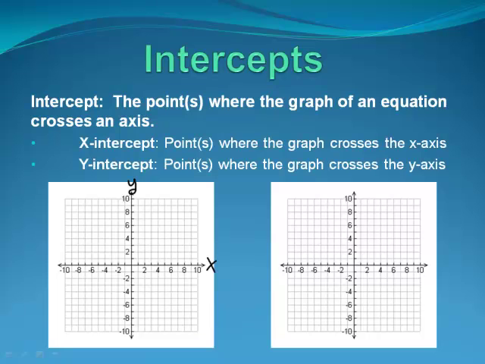Let's say that you had a curve on this particular graph that maybe looked something like this. All right, now by definition, we're interested in where that graph crosses the x-axis.